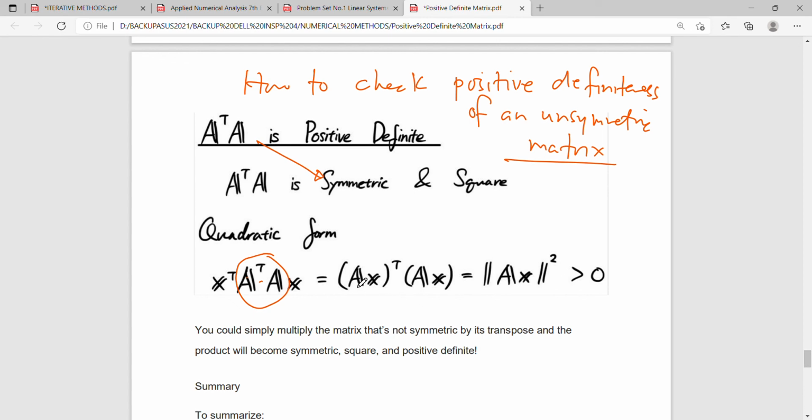You can manipulate this and you can manipulate this. What does it mean? You multiply the dot product between A and X and then get the transpose. I hope you know how to get the transpose of a matrix. And then multiply it with the value of AX will give you an AX squared. It's just like getting the value of this and then squaring it.